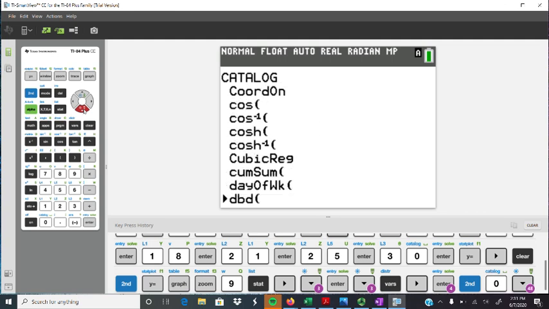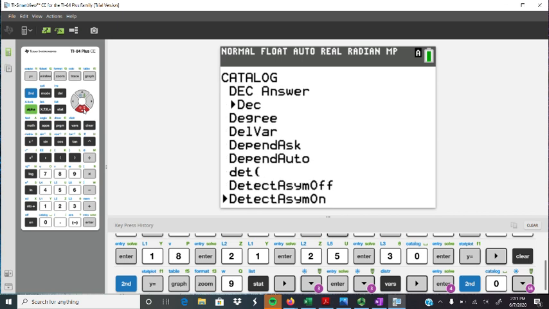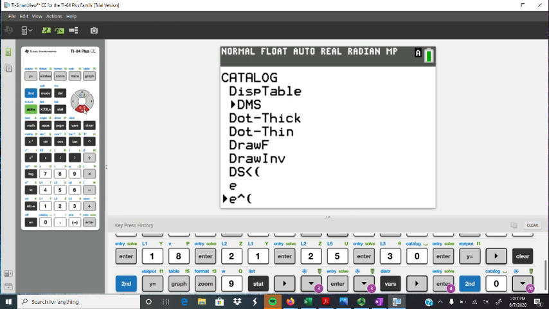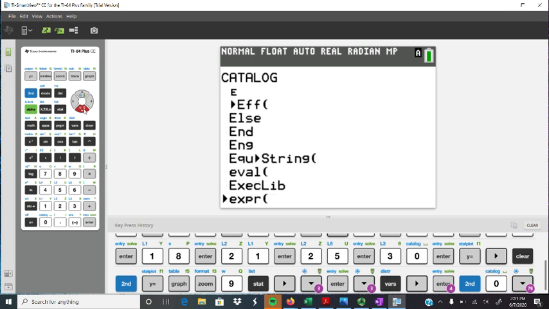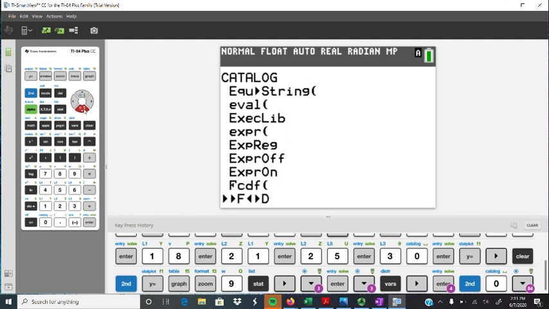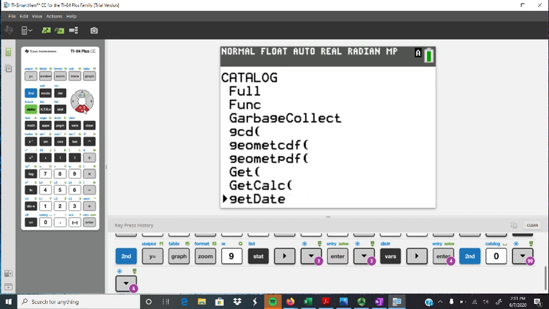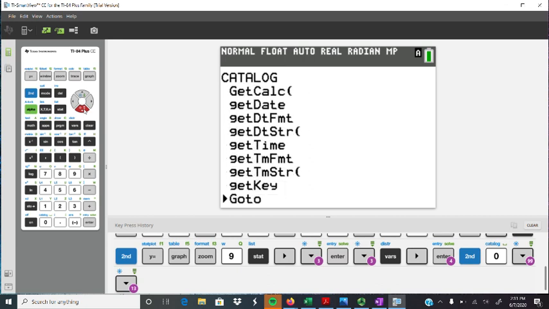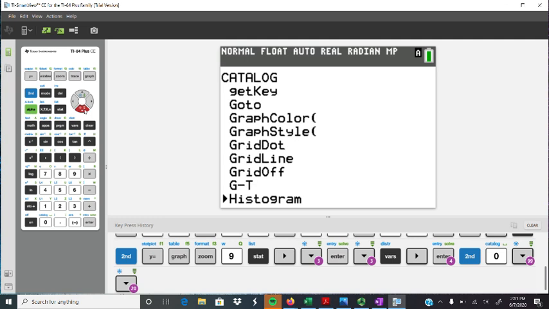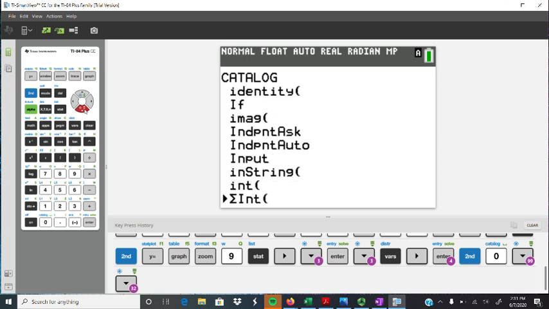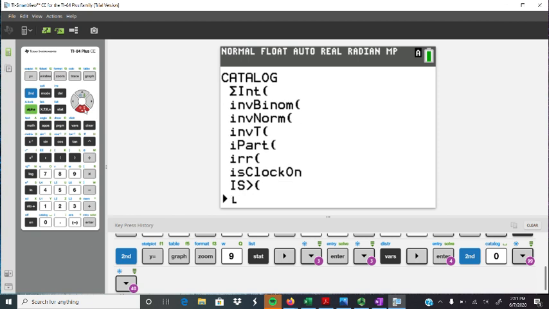Here it is, come on. Maybe not. Where is it?